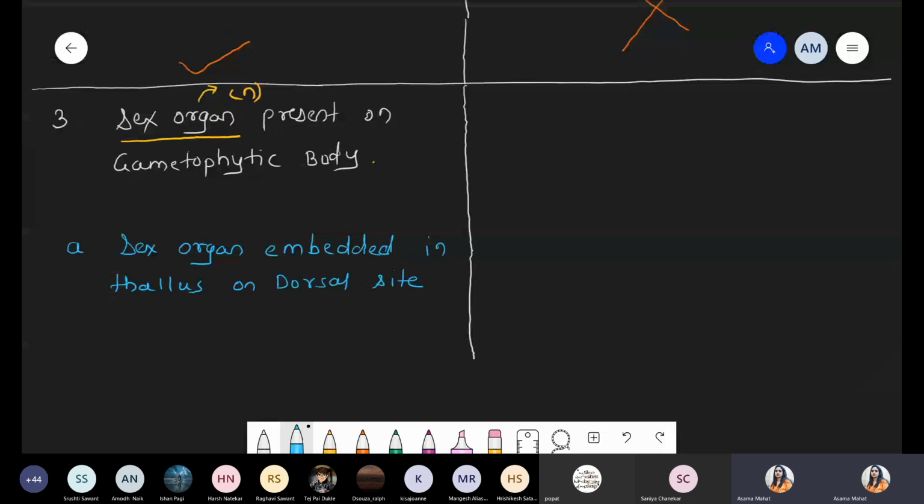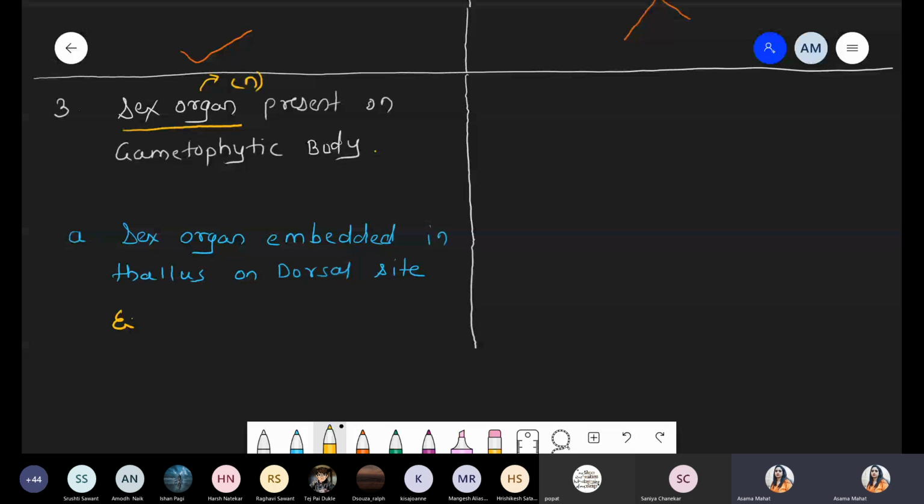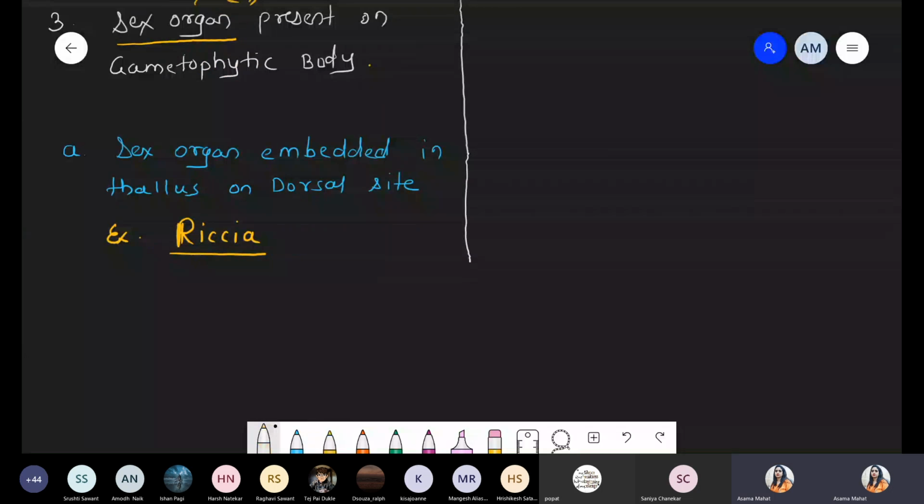To explain this point, we are taking one example, that is Riccia. In Riccia, if you draw a typical structure, there are two small embedded, curved structures like this. The structure will be something like this.